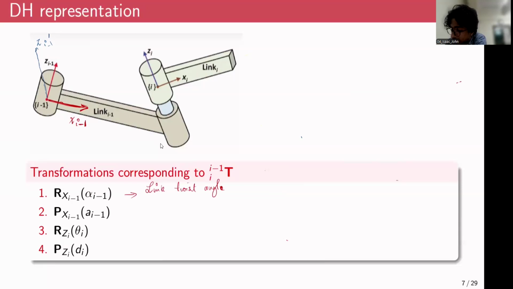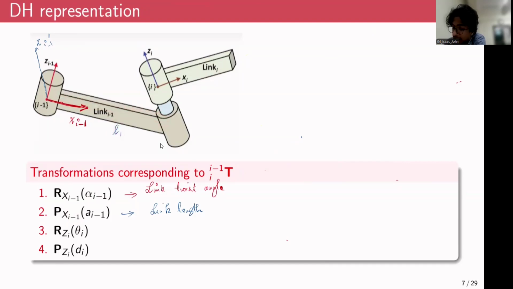Now we look into the second transformation. We call this the link length. So if you can recall, this is nothing but the pure translation along xi minus 1 so that the perpendicular distance between the newly aligned zi minus 1 dash and zi can be accommodated, right? So for example, if I consider L1 to be the length of this link, if this is a rigid link, it has to have a finite link length, right?